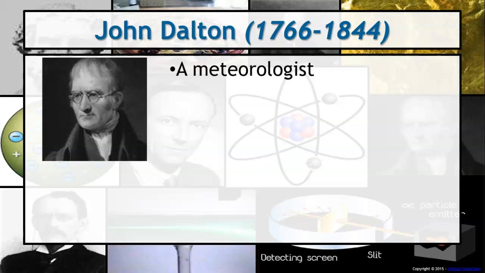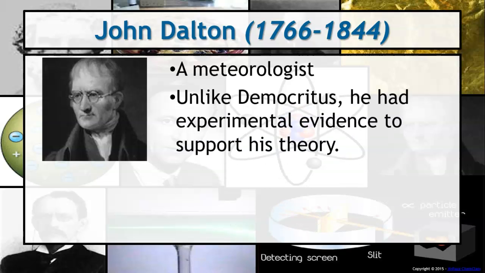He was actually British, but he was a meteorologist. In other words, he studied weather. And in doing so, he did a lot of experiments, and so unlike Democritus, he actually had some proof of what he discovered.